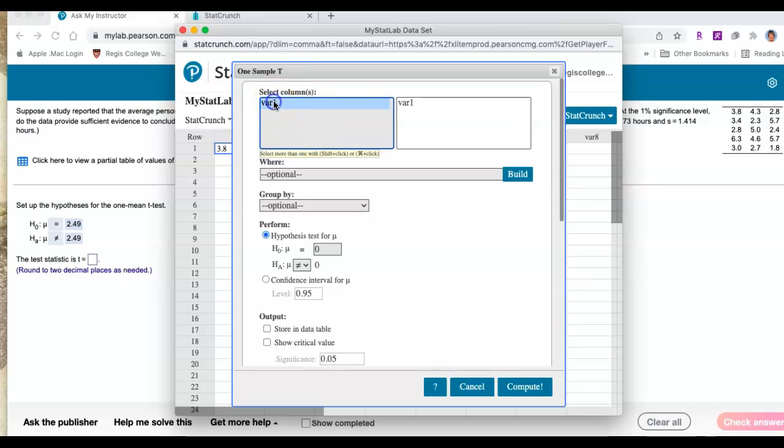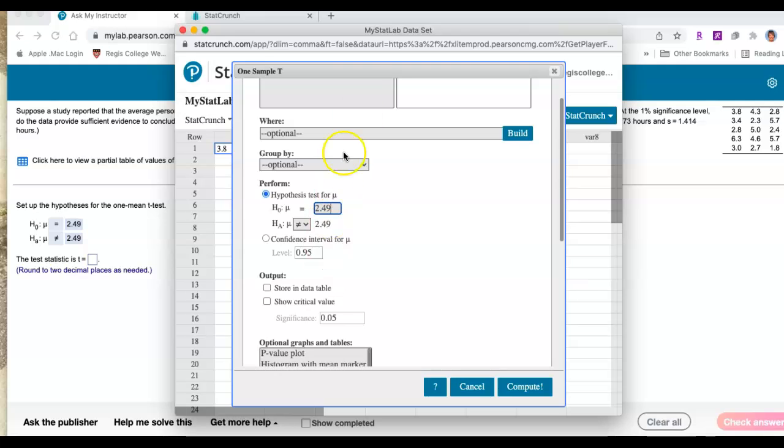I'm picking variable 1, it's called. I could change the name of that variable if I want to. I can see my hypothesis test over here to the left. It's equal to 2.49 or not equal to 2.49.